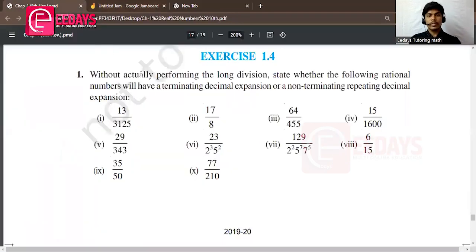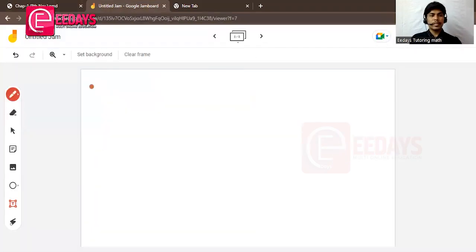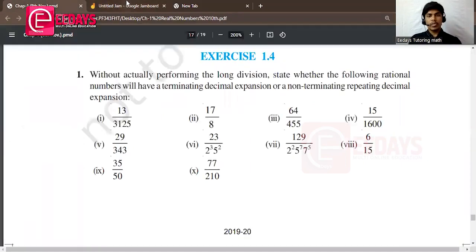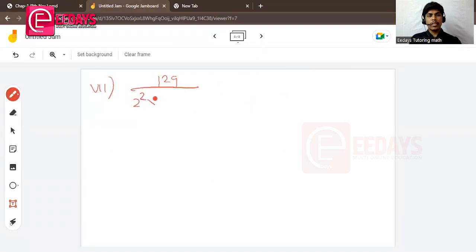All right. Let's move on. 129 by 2 square into 5 power 7 into 7 power 5. 2 square is nothing but 4. 5 power 7 is 78125. Okay, a large number.